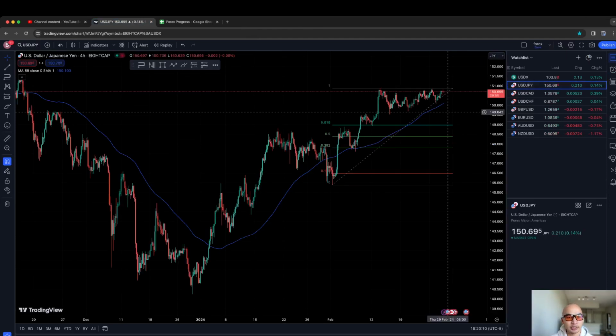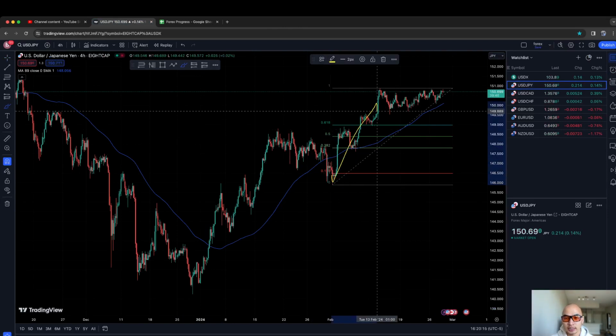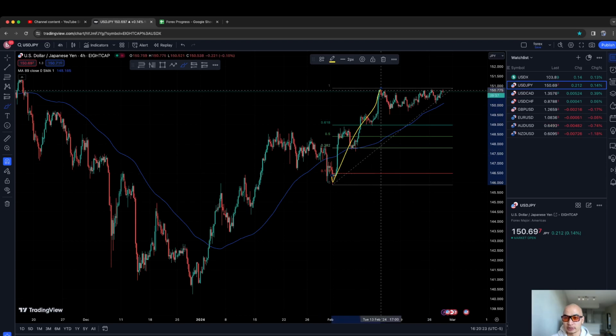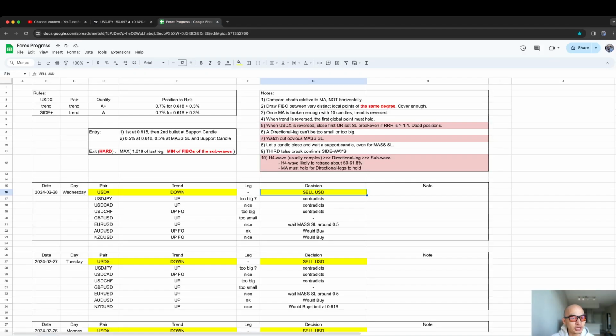For USD Japanese yen, USD is strong against the Japanese yen because the market is behaving above the moving average. That means the USD Japanese yen trend is up, but the USD index says to sell USD.